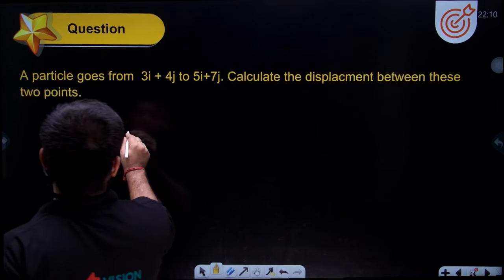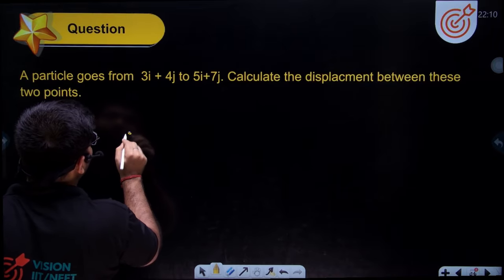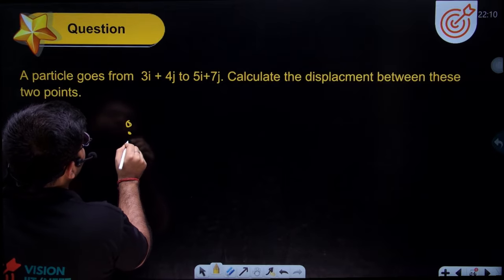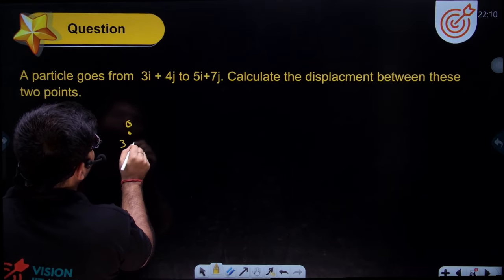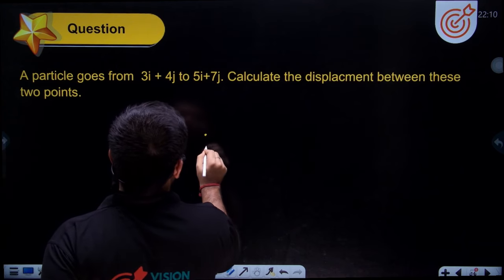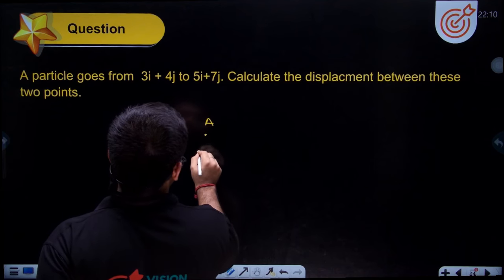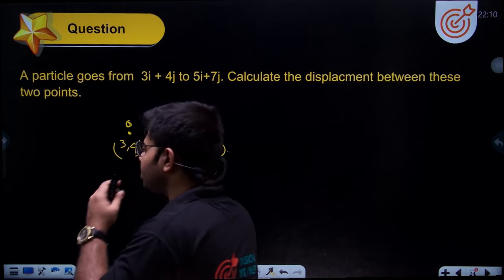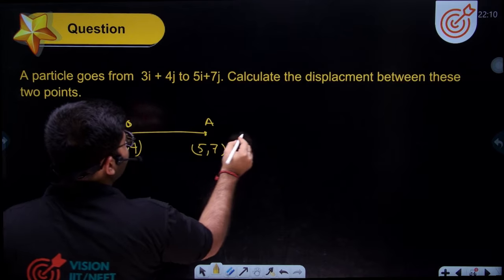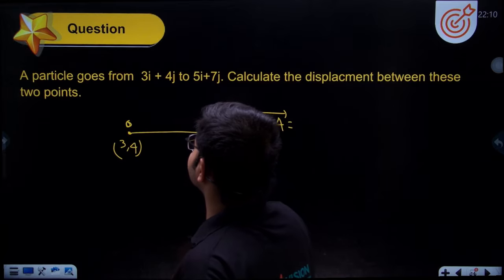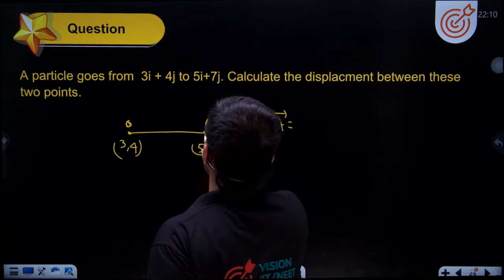First and foremost, let us suppose that this is my point O, which has coordinates 3, 4, and this is another point A, which has coordinates 5, 7. Then they are asking you about the OA vector, because your OA vector is nothing but your displacement vector. So starting point is O, ending point is A.